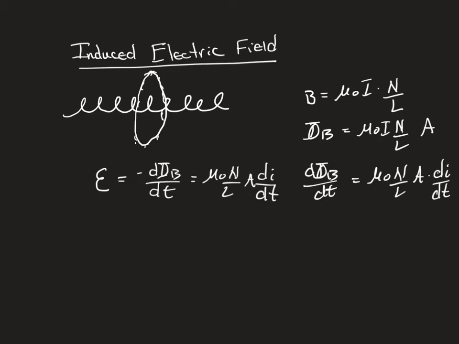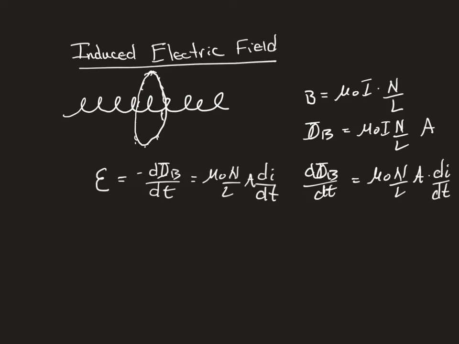Now, so far this doesn't seem that strange, but what is different here is what is actually causing those charges in the loop to actually move. When we did our prior section where we had motional electromagnetic force, the metal bar was in the magnetic field, so we could easily use our right-hand rule in order to see the direction that the charges were going to move.